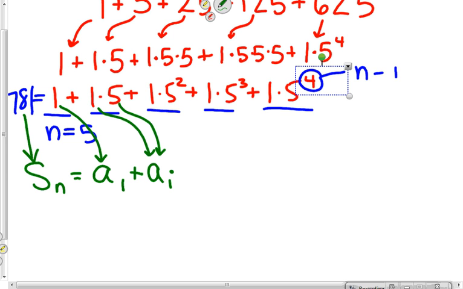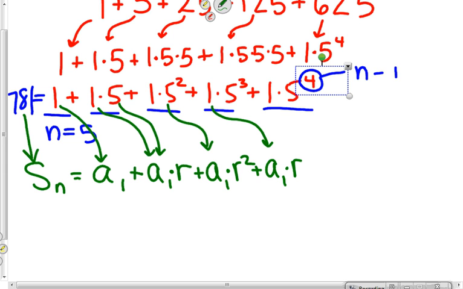The growth ratio, or the common ratio. It's called R. Then you have A1 times R squared. Plus, this one would be A1 times R cubed.